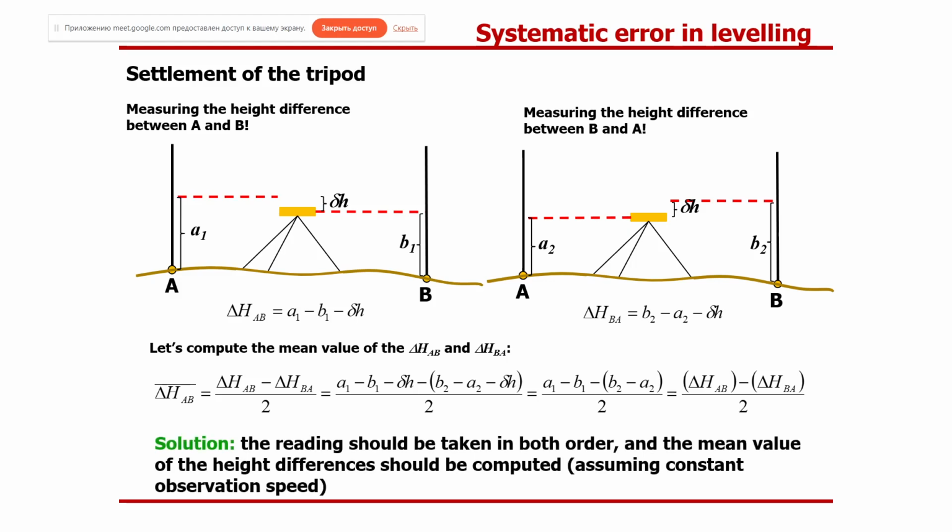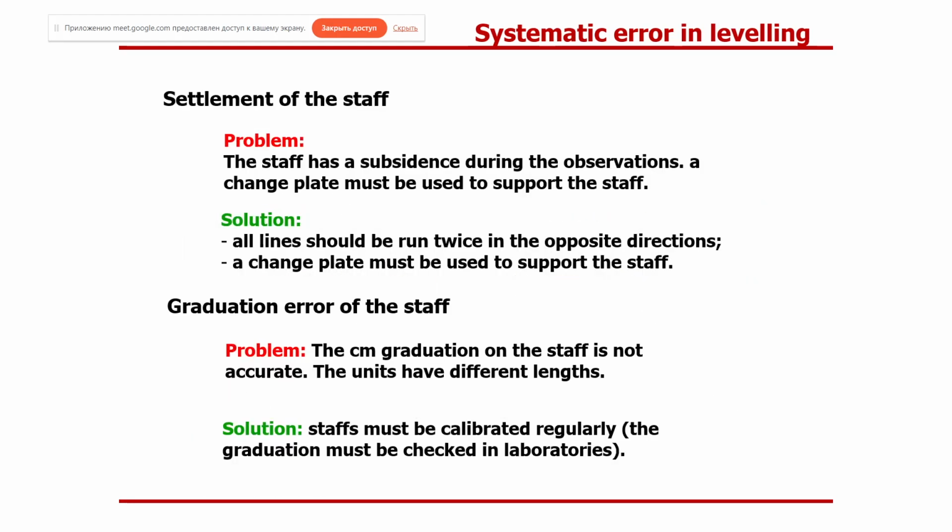The readings should be taken in both orders, and the mean value of the height difference should be computed, assuming constant observation speed. Settlement of the staff.